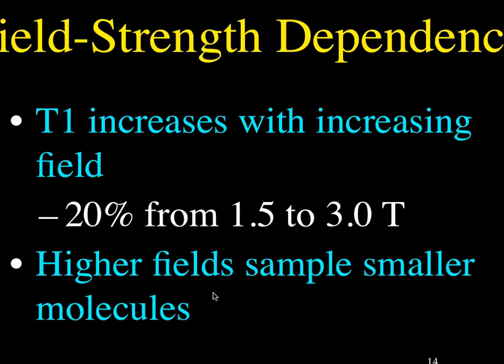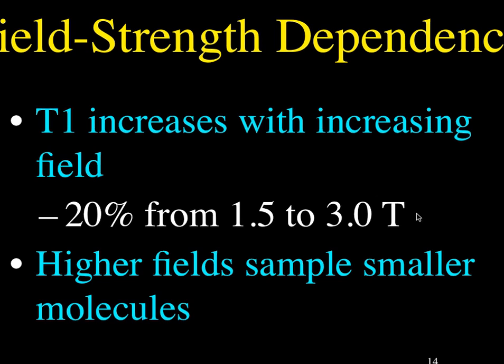Large molecules tend to vibrate and spin at low frequencies. Small molecules tend to vibrate and spin at very high frequencies. So what actually happens is, and this is a decrease of T1 time from 1.5 to 3 Tesla.